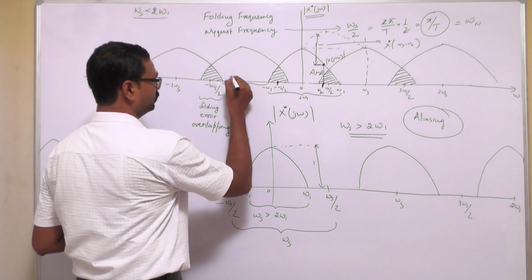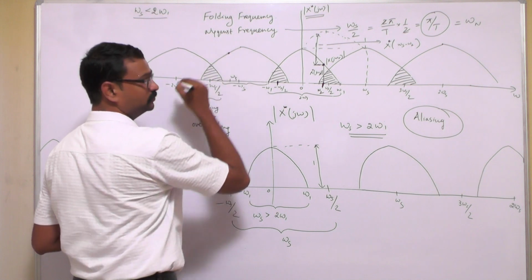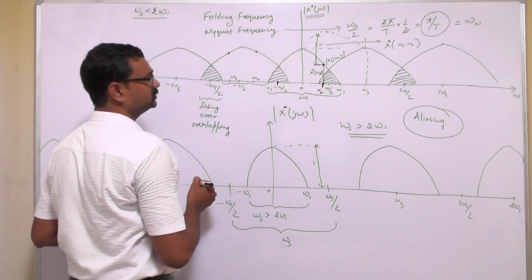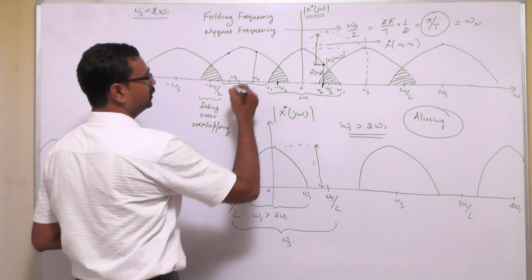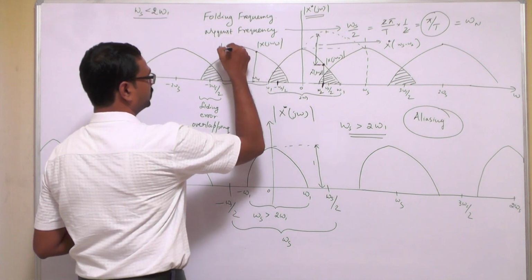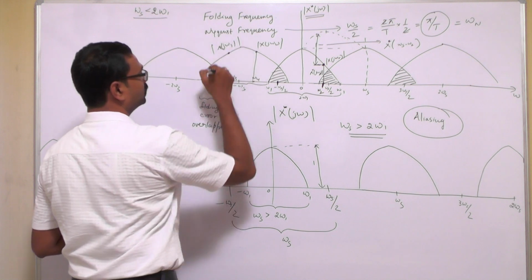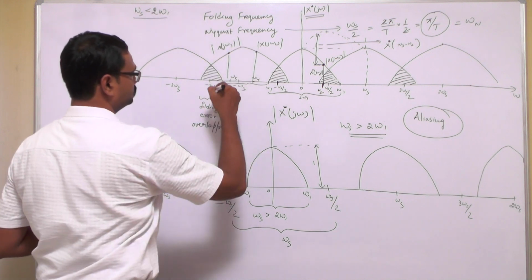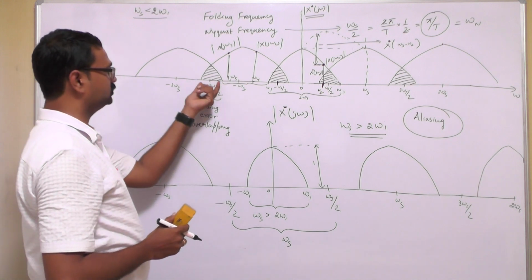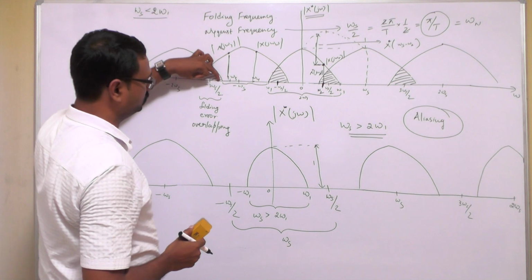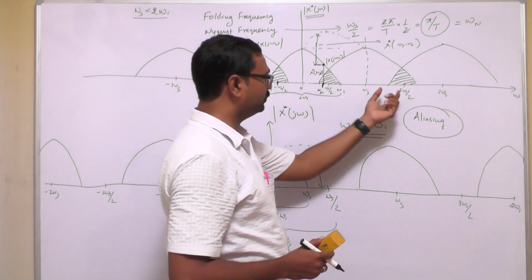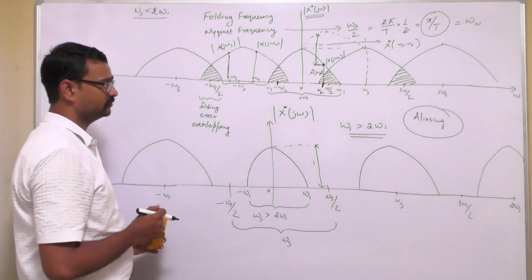For any value outside the overlap, say omega 3 or omega 4, where you do not have any overlap, you have only one value, modulus of X of j omega 4, modulus of X of j omega 3. But during this folding or overlap region, you have two frequency components.